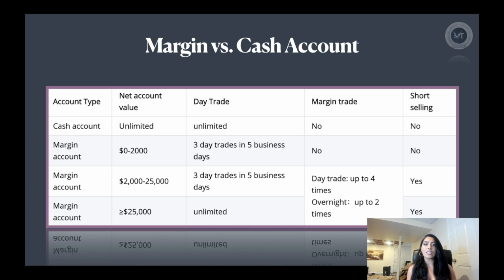It gives you more flexibility, even though you're limited to the amount in your account. You can still position size properly, and if you have like a $1,000 account, you can break that account into 4 different trades and take on $250 trades per day. So I think a cash account is the best way to start off when you first start day trading.